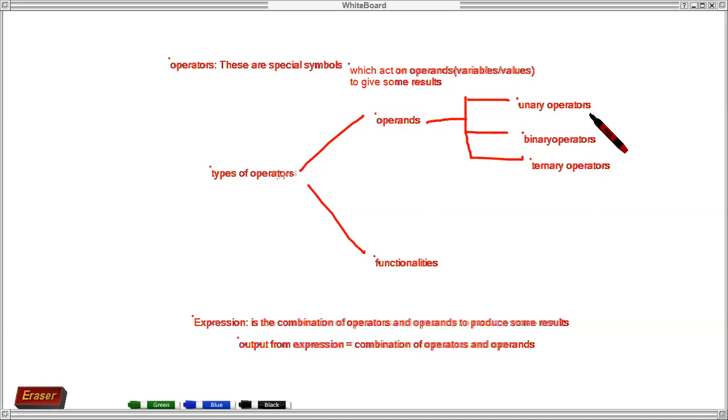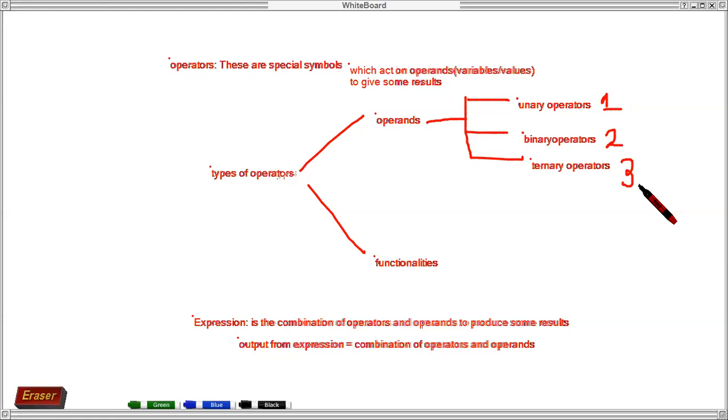To make it easier to remember, unary means 1, binary means 2 and ternary means 3. But the confusion that generally arises is: does unary mean one operator, binary two operators, ternary three operators?